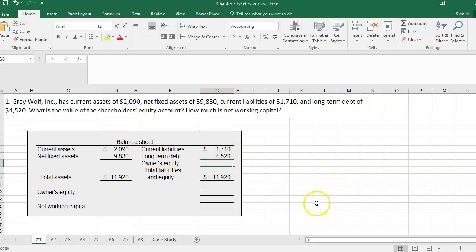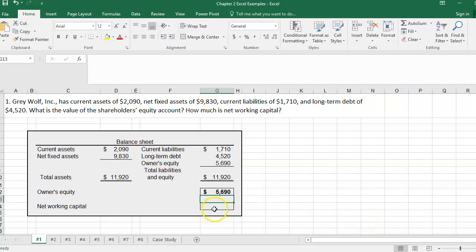So if we take 11,920 minus our total liabilities, we get an owner's equity of $5,690. So that is the total owner's equity for this balance sheet. That is what we get to make our balance sheet equal.